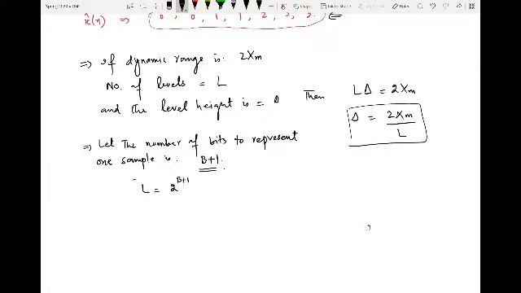So if we require 2 bits to represent the levels, then the number of levels will be 4, and so on, right? If you substitute this value of L in the above equation, then delta comes out to be 2xm divided by 2 raised to power b plus 1, and this 2 will be cancelled out. So delta will be equal to xm divided by 2 raised to power b.